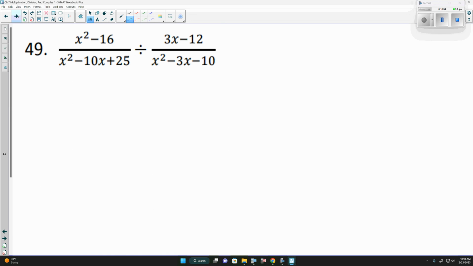We'll look at one more of these here with dividing, and then we'll move on to our complex fractions. And with any of these here, before we start factoring, it's going to be good to do our keep, change, flip. Keep the first one the same.